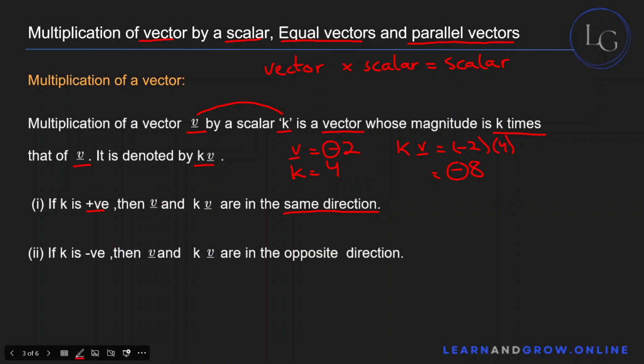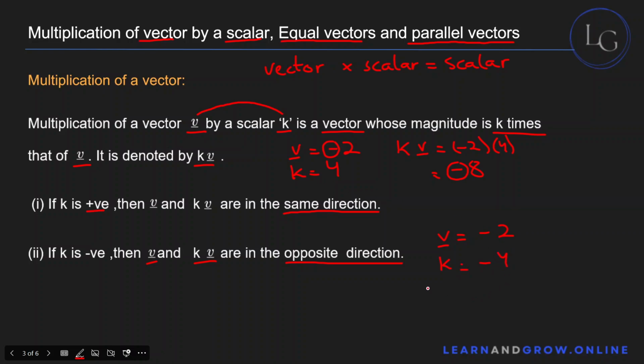But if k is negative, then kv and v are in the opposite direction. So let's just take two other vectors. So let's just say in this case, v is equal to, again, -2, okay? And let's just say k is equal to -4 instead of +4.